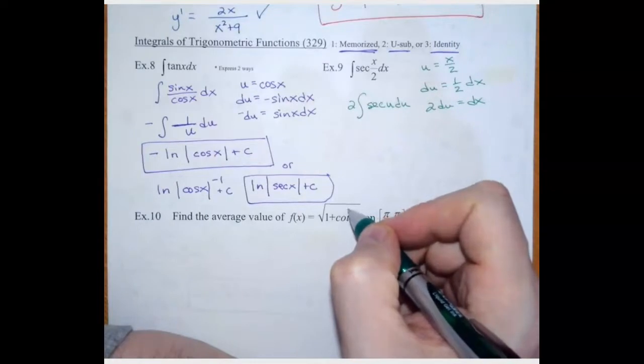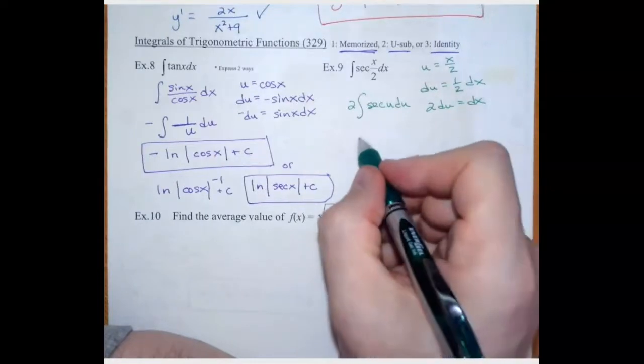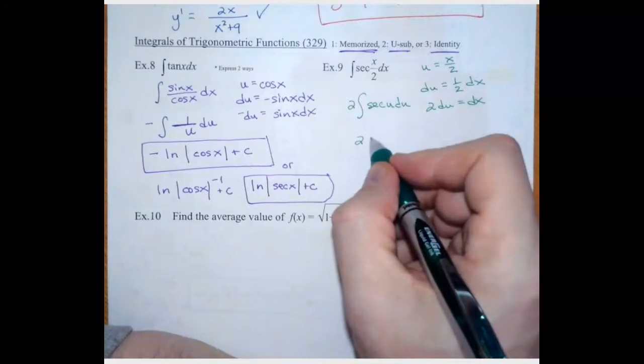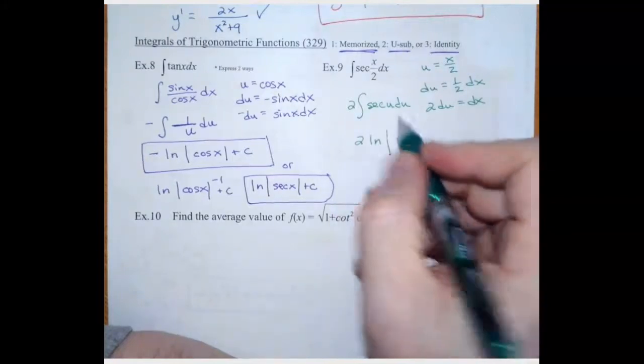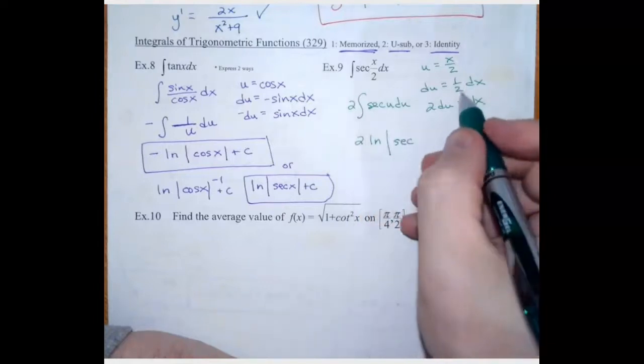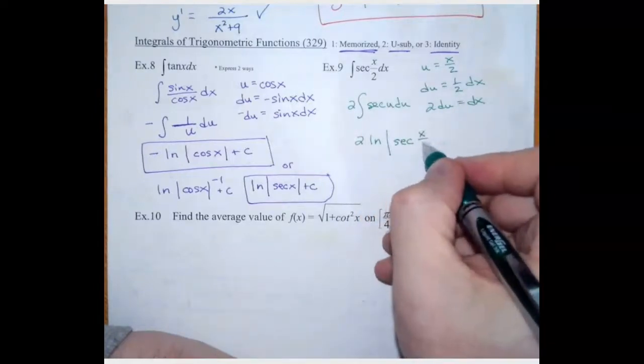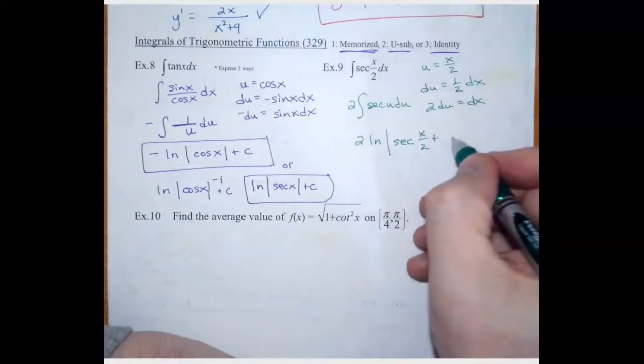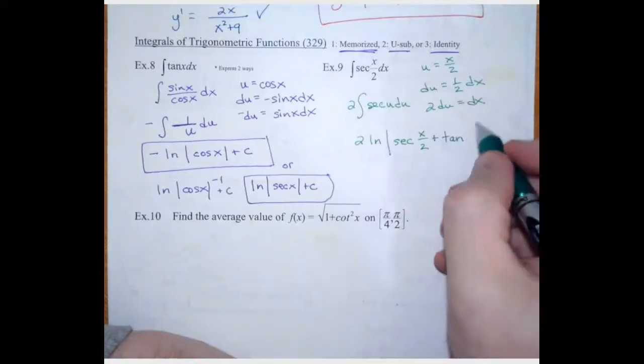Now, if you have that memorized, that's going to be 2 times the natural log, and the integral of secant is going to be secant u plus tangent, secant plus tangent.